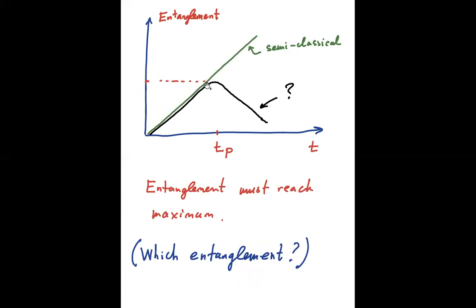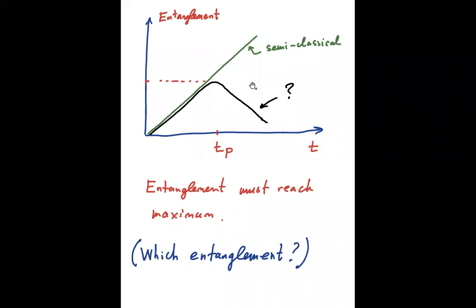So now what is the story with Page's curve is that if you are in a semi-classical theory, first of all, I have a black hole, and the black hole emits a particle, and there is an entanglement between the outgoing particle and the black hole. And this entanglement grows because you emit more and more stuff.